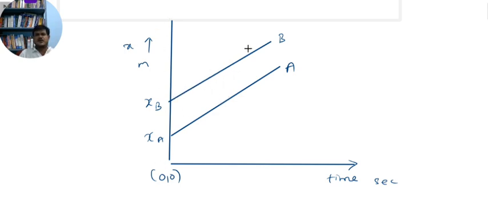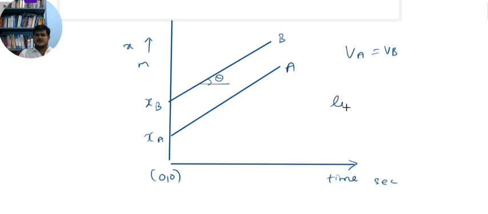The slope on this line is the same everywhere, making angle theta with the x-axis. That is why I am saying VA equals VB. The two lines are parallel.